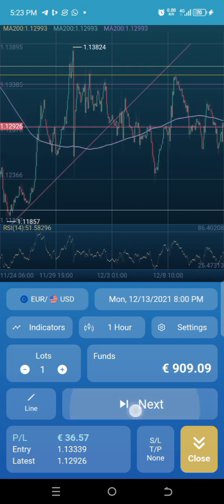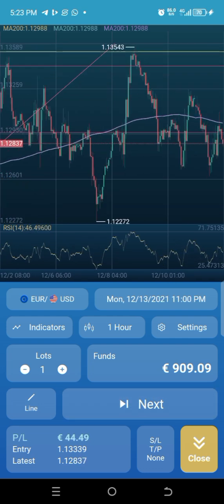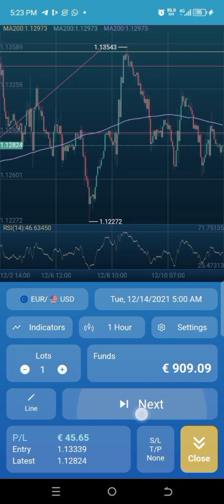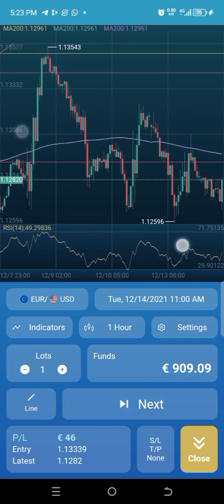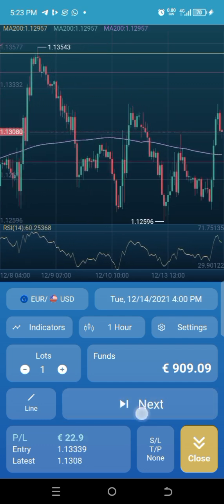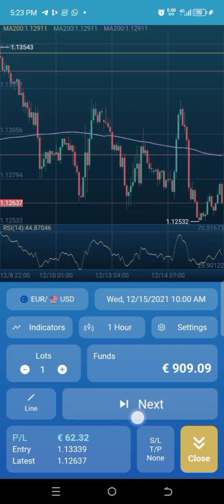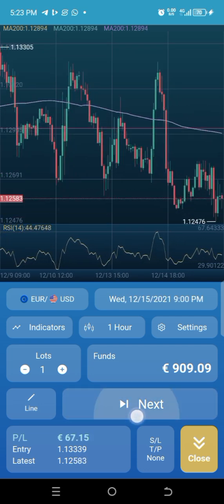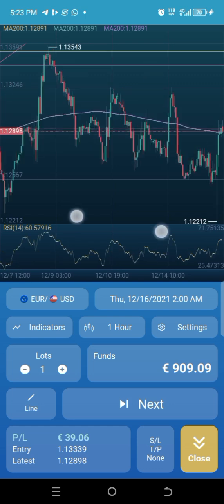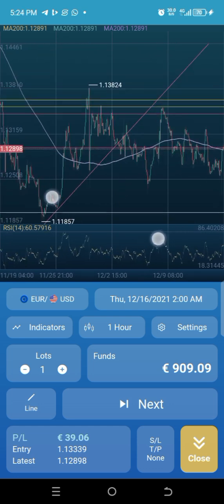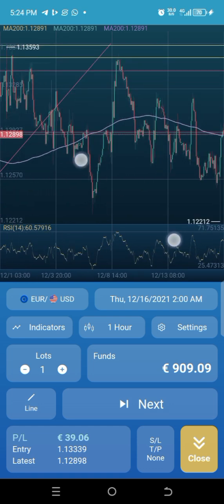Play it slowly, try to play it slowly, and we see what happens. Price went down. Doesn't look like it's going back down.